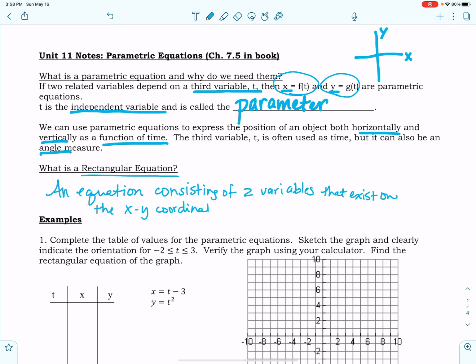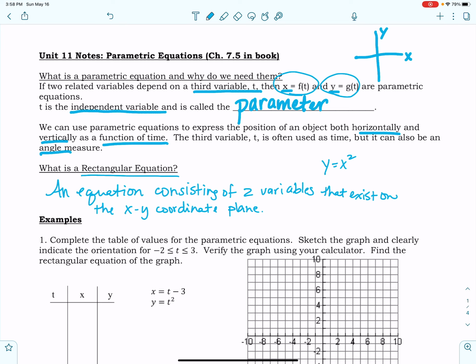So it's just basically all of the equations we've been dealing with, all of our functions, all of our graphing equations, etc. Because, for example, if I was talking about the rectangular equation of a parabola, the parent would be y equals x squared.